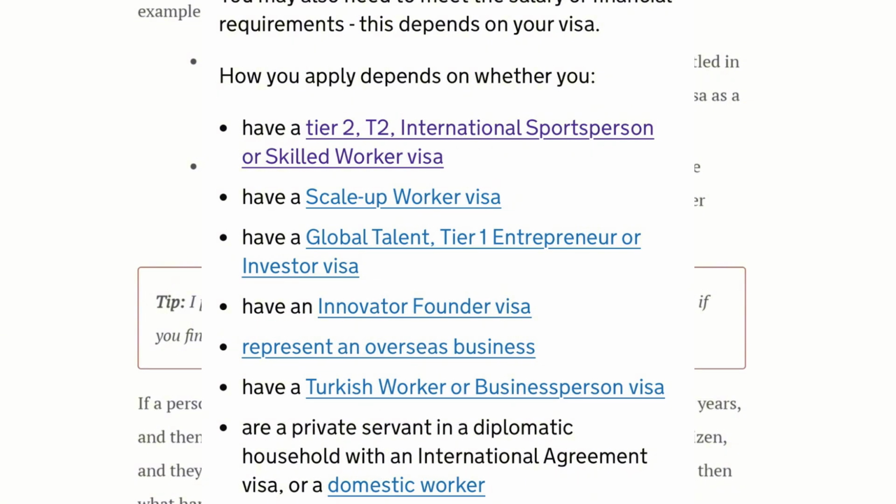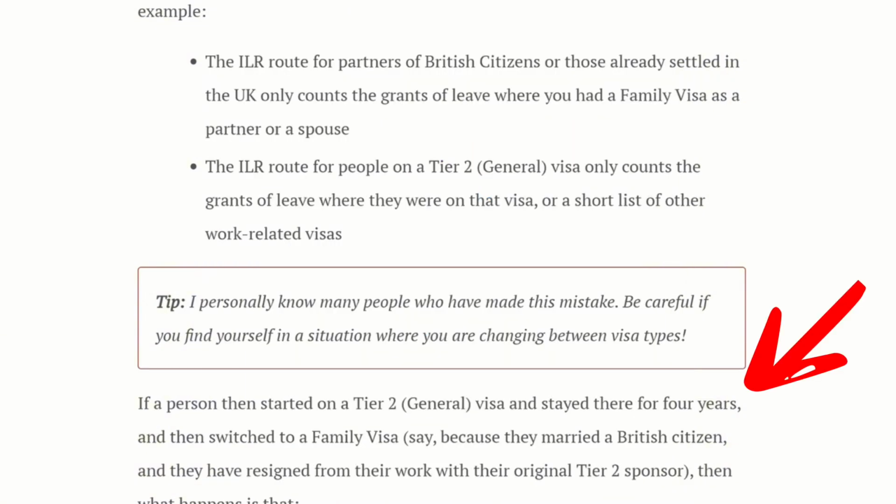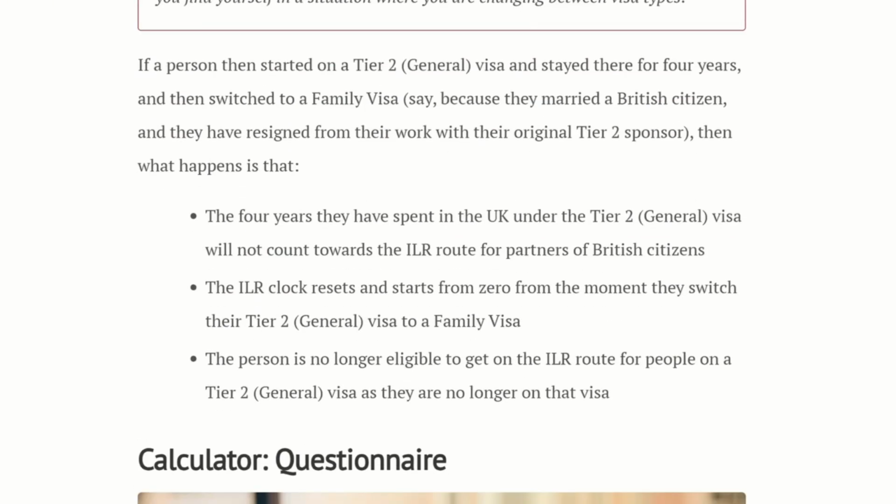I'll share the screen so that you can see all the work-related visas that you can combine to get the 5-year route to ILR. A clear example of this is if a person started on a Tier 2 general visa and stayed there for 4 years and then switched to a family visa, say because they married a British citizen and they have resigned from their work with their original Tier 2 sponsor, then what will happen is that the 4 years they have spent in the UK under the Tier 2 general visa will not count towards the ILR route for partners of British citizens.